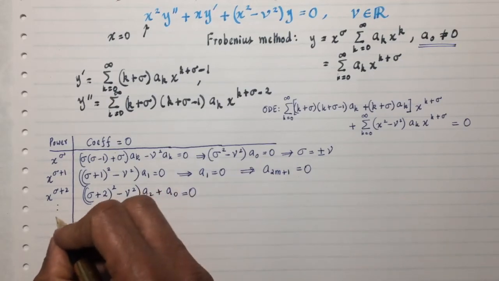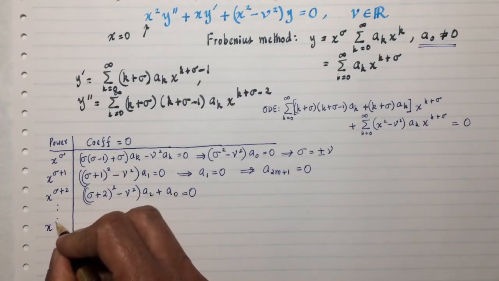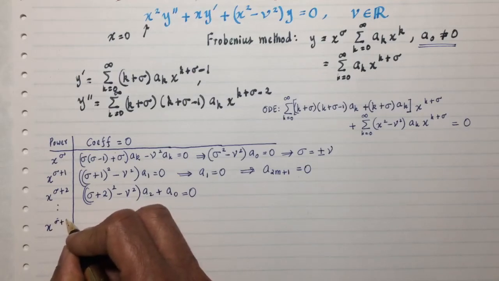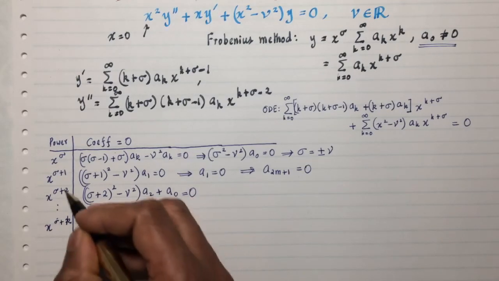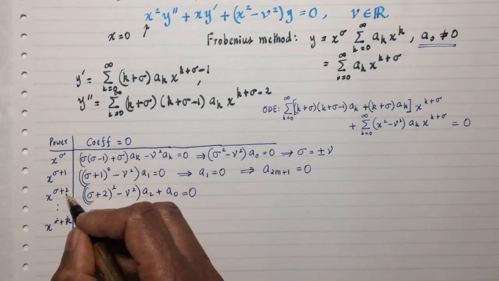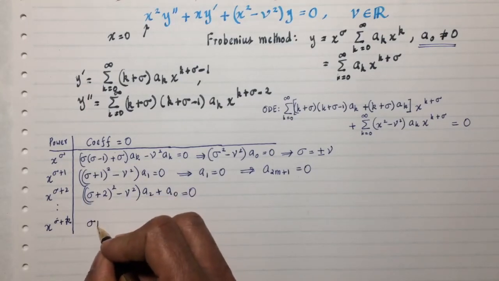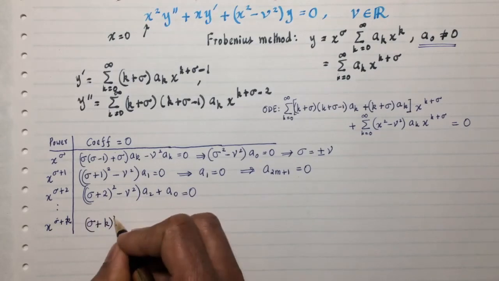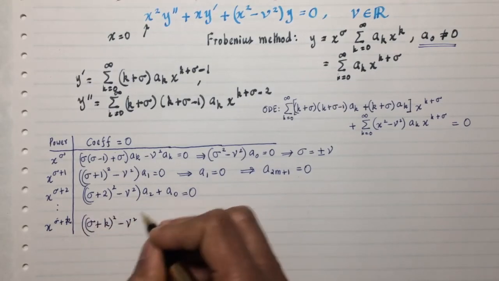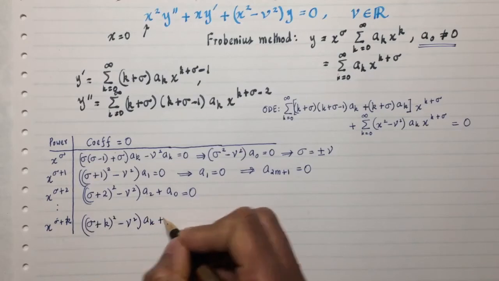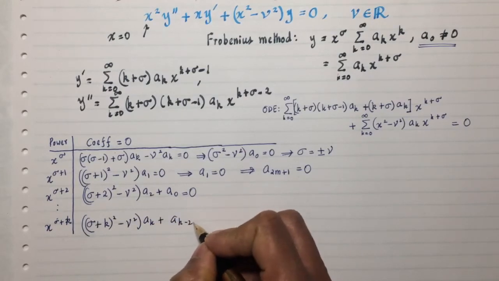As a matter of fact, all subsequent coefficients of powers bigger than sigma plus 2 or equal to sigma plus 2 will have the feature that sigma plus k squared minus nu squared ak plus ak minus 2 equal to 0.